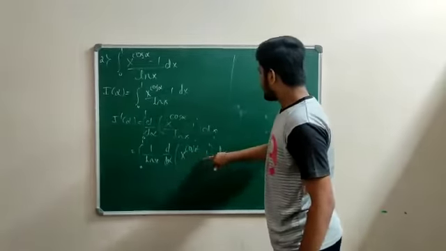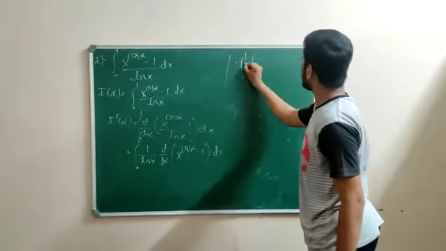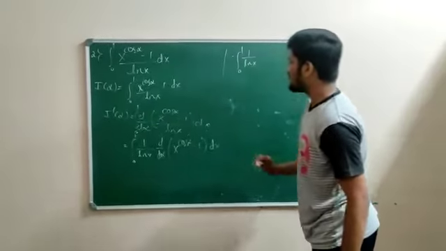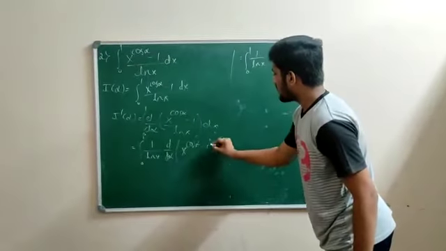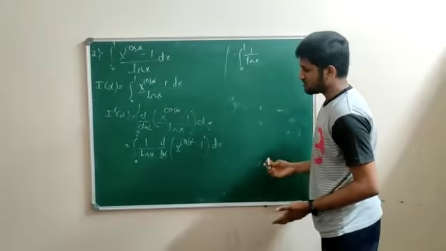So after differentiating, it becomes the integral of 0 to 1 of 1 by ln x into d by d alpha of x to the power cos alpha minus 1. Already 1 is a constant, and d by d alpha of anything constant is equal to 0.